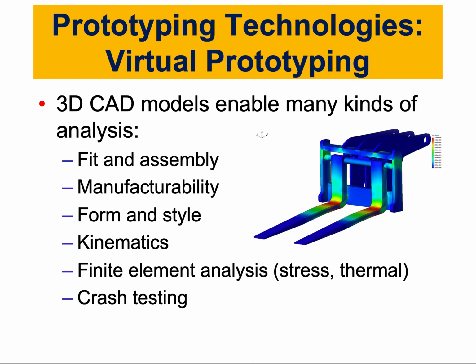Also you can detect geometrical interfaces among parts. So you can see how this part is attached to the other part and what the components are, and detecting these interfaces is very crucial.